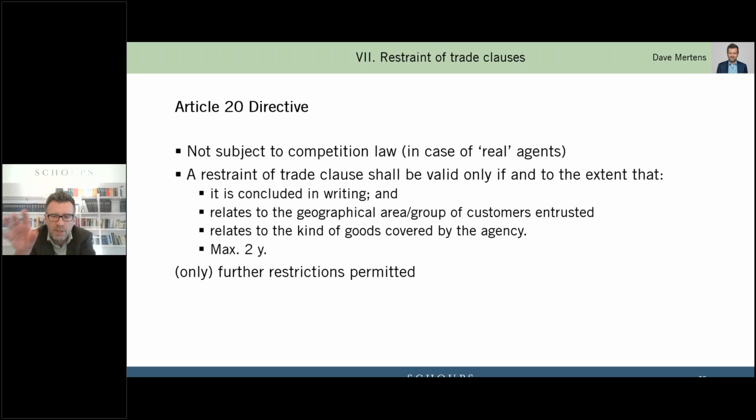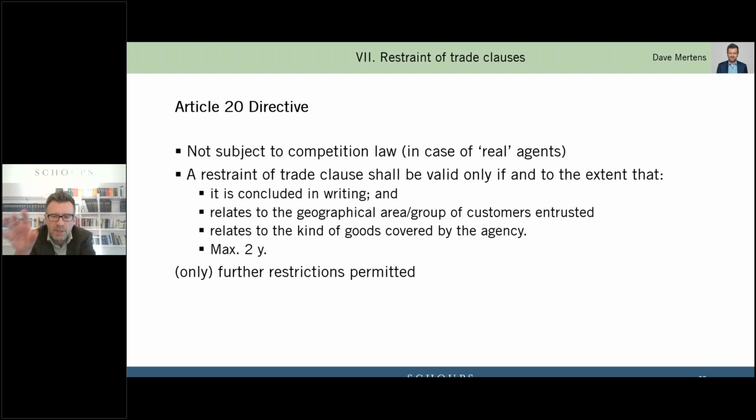More sensitive is after the termination of the agreement. You may want to put in your contract a clause de facto prohibiting your agent from transferring your goodwill, transferring your customers to a new principal, putting in the contract you are not allowed to compete, to sell competing brands, or even be active in that specific market.